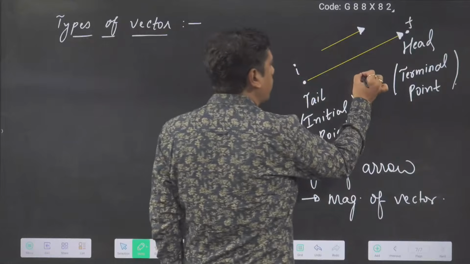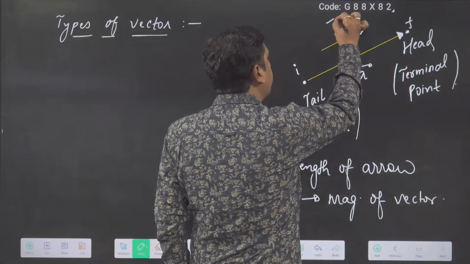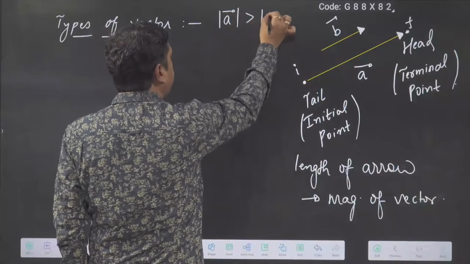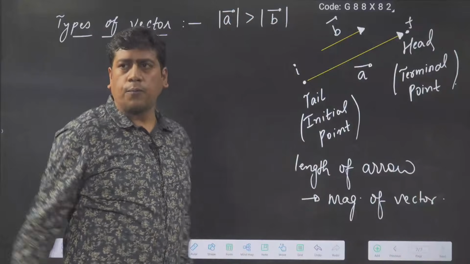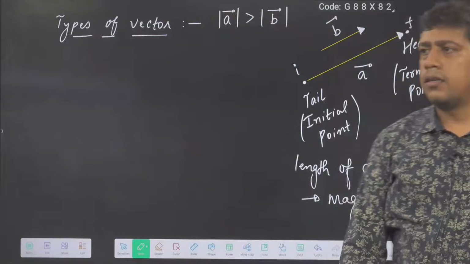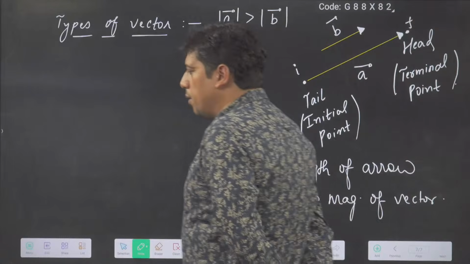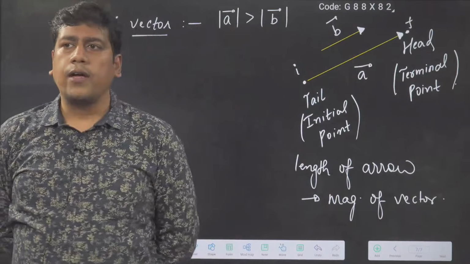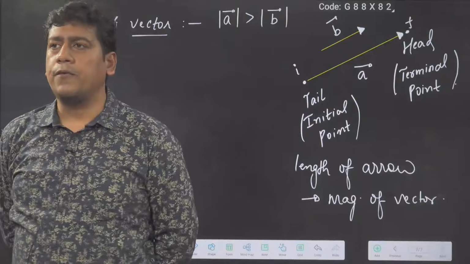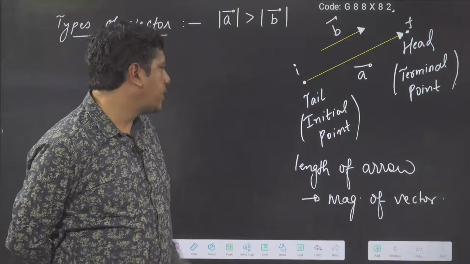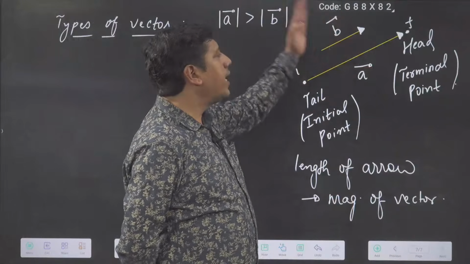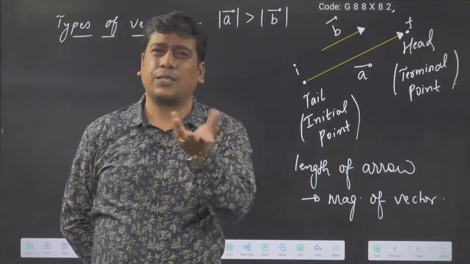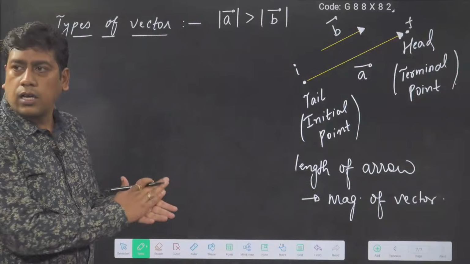If you call it A vector and B vector, this is how you write it: magnitude of A vector is more than magnitude of B vector, because the length of the arrow of A vector is more than the length of the arrow of B vector. So the length determines the magnitude of the vector, and the orientation, whether it is inclined or horizontal or vertical, tells you about the direction of the vector. This basic thing we know, right?